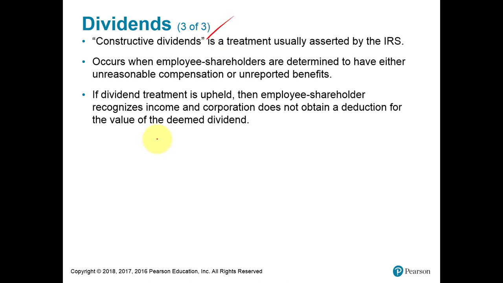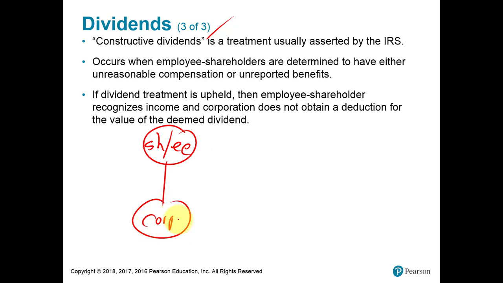So let's say we have a shareholder who's also an employee of a corporation. Maybe this shareholder is the president or the CEO, and they get paid a salary or wage. And of course, they pay taxes on that. But the corporation will get a deduction for this payment and reduce the corporation's tax.